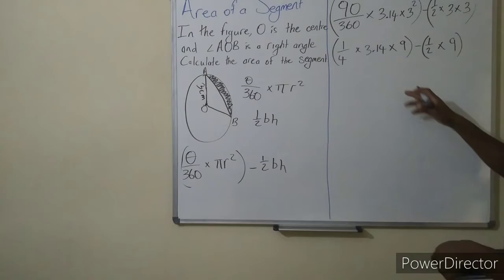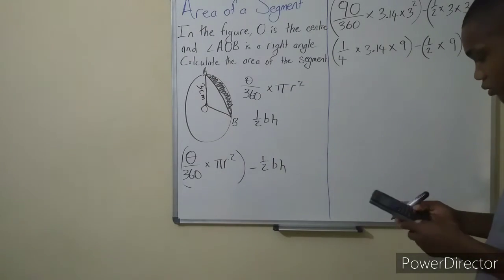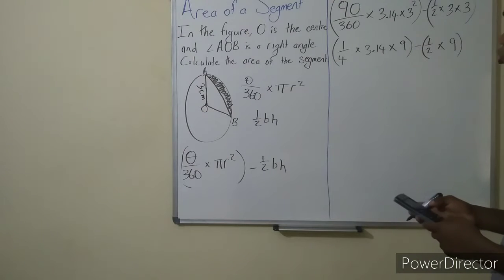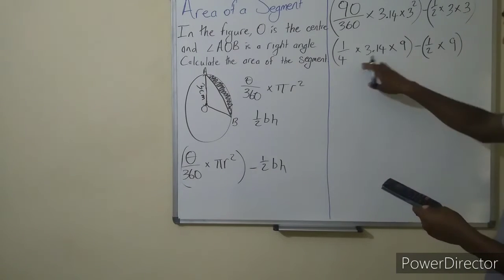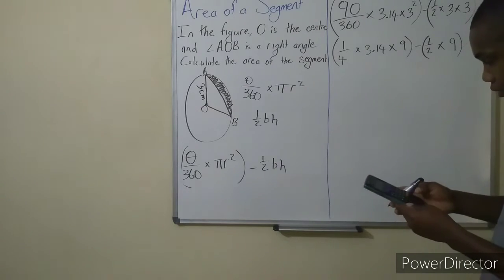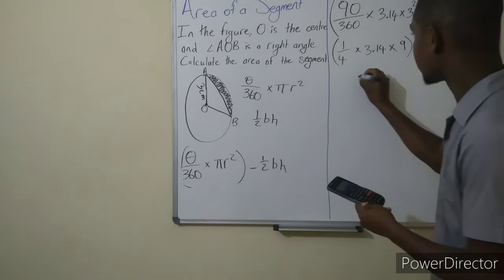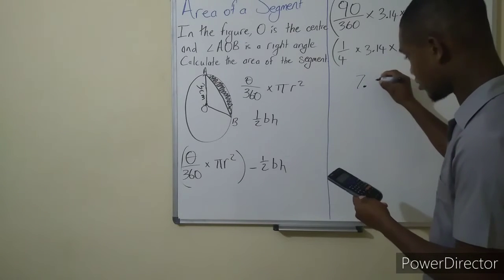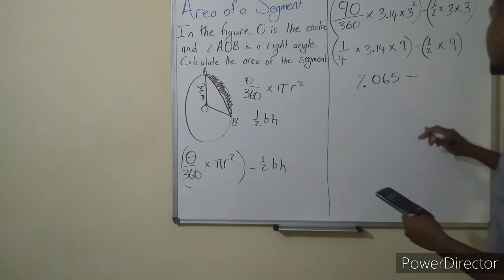So we are going to work these out now. A quarter, which is the same thing as 0.25, multiplied by 3.14, multiplied by 9, this gives you 7.065. Put back your minus sign.